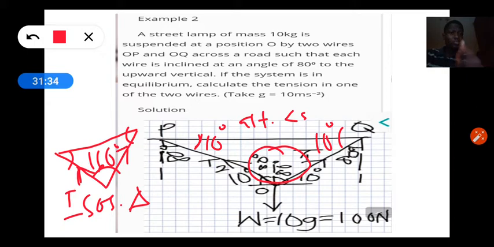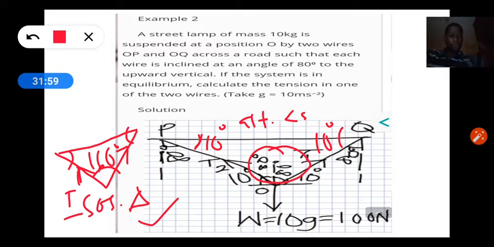I'm relating it to this isosceles triangle so that you know the two forces are expected to be equal. That's why the question tells you to find the tension in one of the two wires, because they're expected to be the same. I'm showing you from the triangle that the tensions are the same. Good.